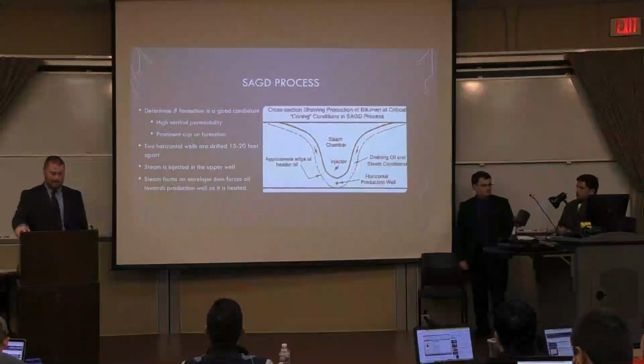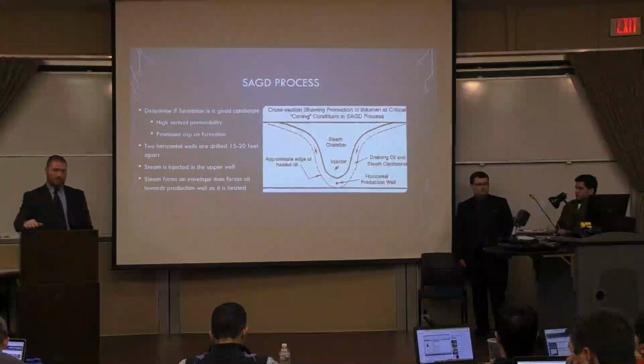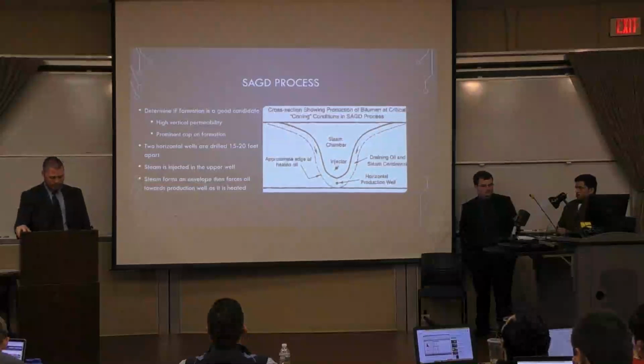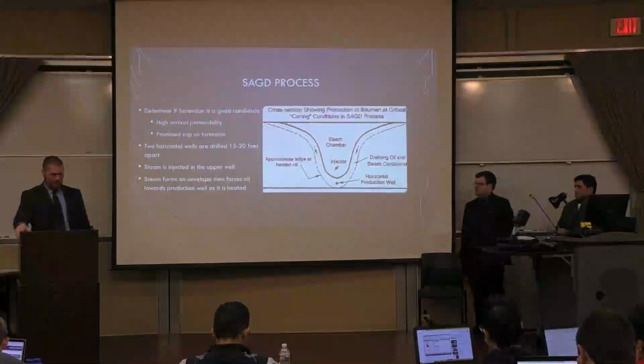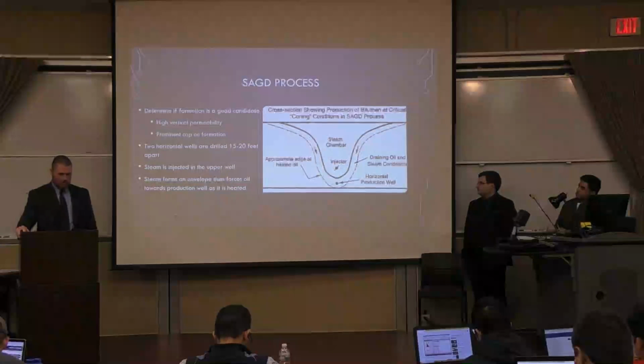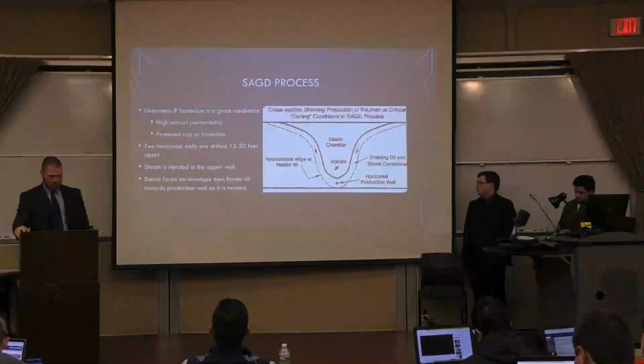The steam-assisted gravity drainage process is relatively straightforward. However, before actually utilizing the process, there are a few ideas to consider. The first is the type of reservoir that's being dealt with. Two prominent features to look at are high vertical permeability and an impermeable cap rock.